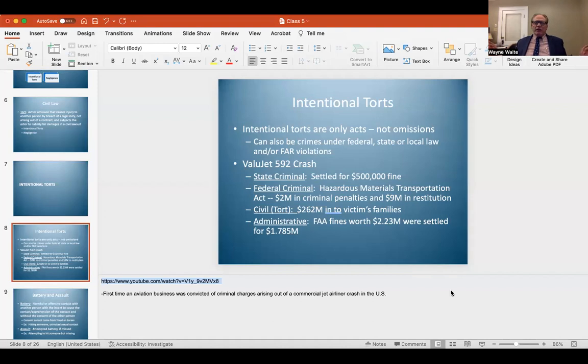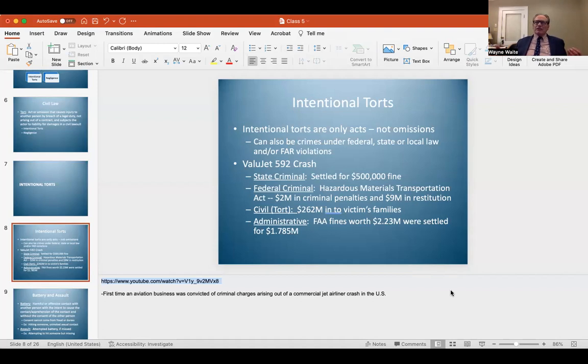So, you know, that particular case, the state criminal, half a million. Feds, a little more, 2 million in criminal penalties, 9 million in restoration. So this restoration in a federal crime is an interesting animal. It's not really a civil judgment.